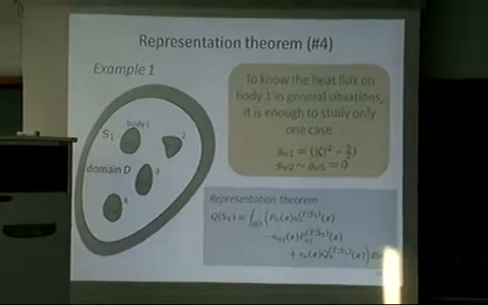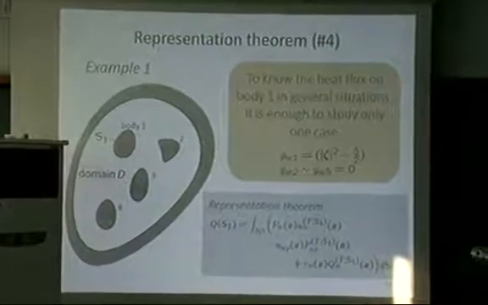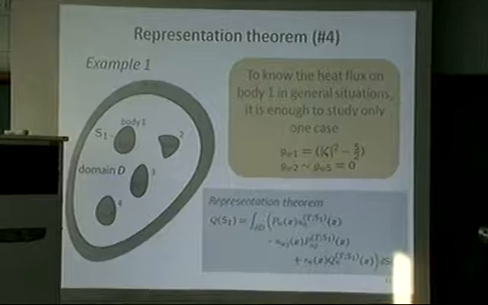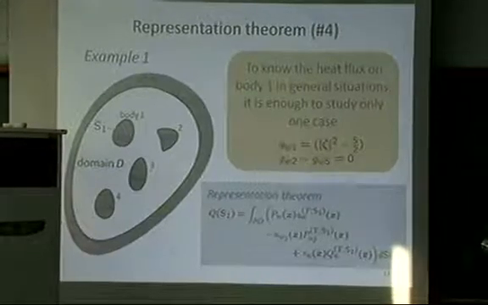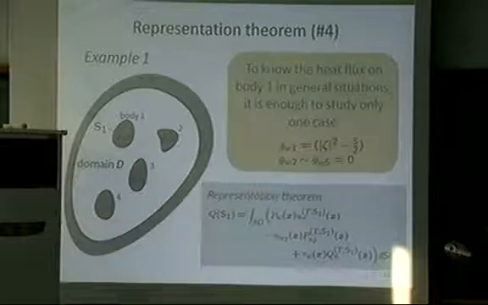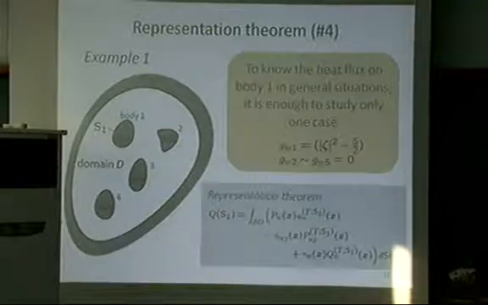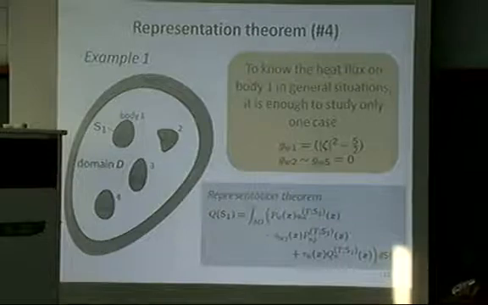But in such a situation, to know the heat flux on body 1, in general situations, it is enough to study only one case, that is, only this body is heated uniformly. The other bodies are at rest, at the same temperature as the reference state.